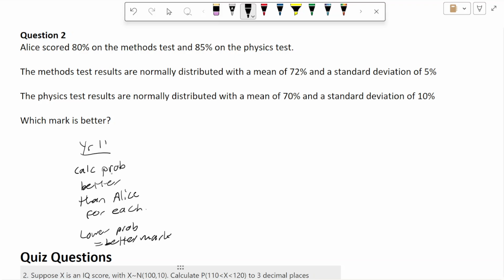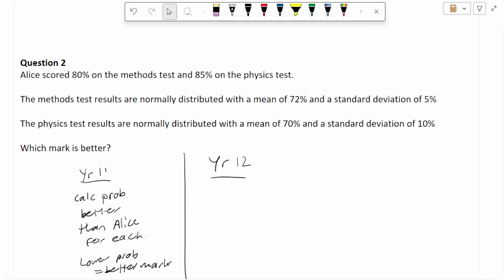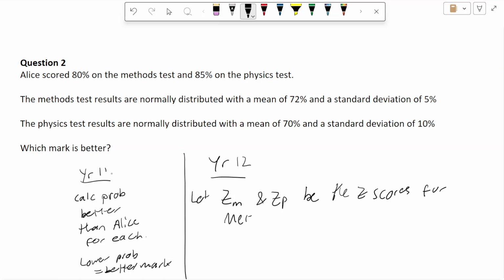If it's less likely that you do better than Alice, that means Alice did better. The Year 12 version just uses Z scores. Let Zm and Zp be the Z scores for methods and physics, respectively.